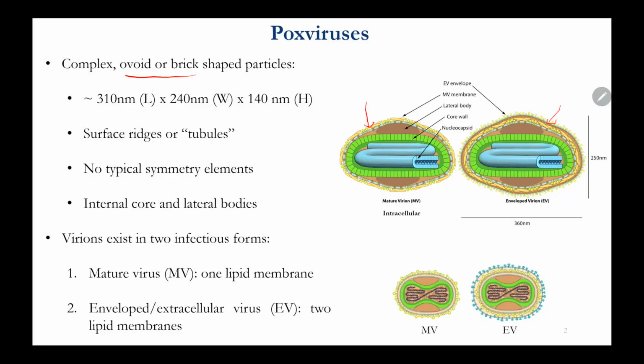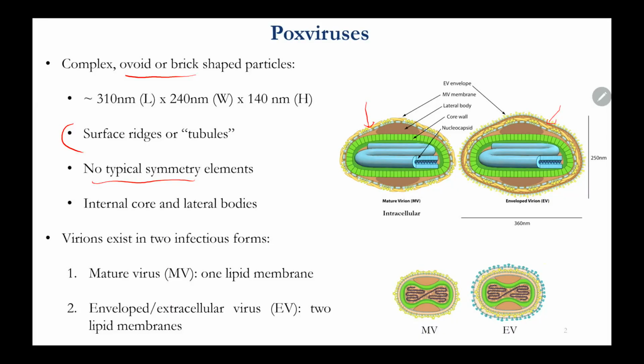It's not spherical, it's not helical, etc. Okay, and you can see the dimensions here, but more importantly, it has surface ridges or tubules which have proteins that can actually bind to the host cell receptors. Another thing that's curious about these viruses is that they do not have any typical symmetry elements. So they don't have helical or icosahedral symmetry.